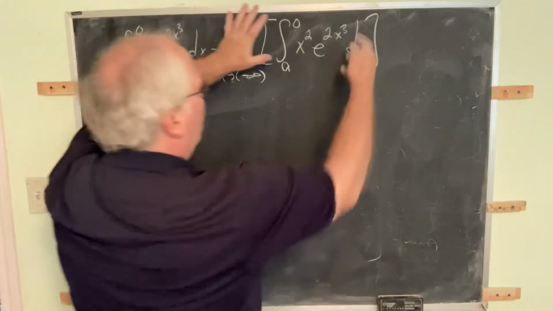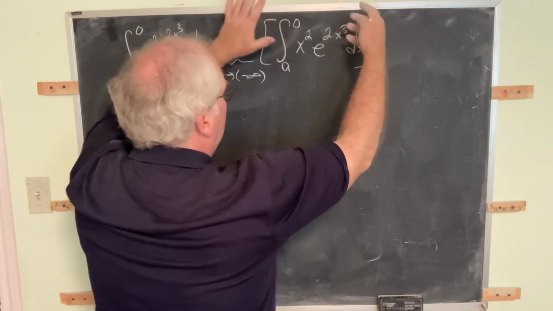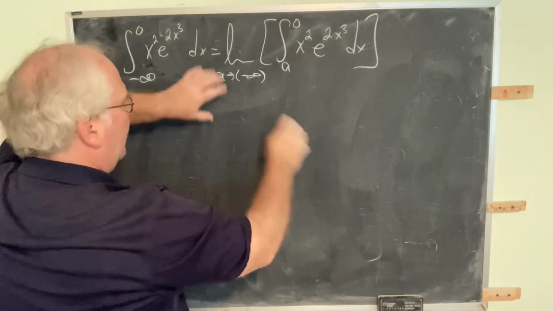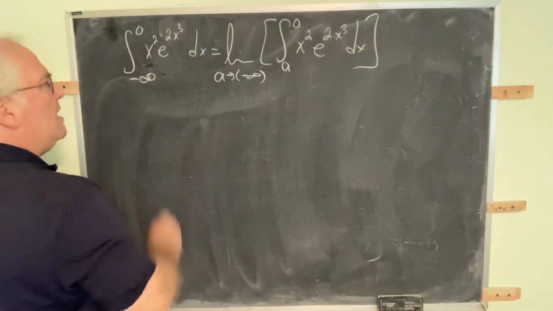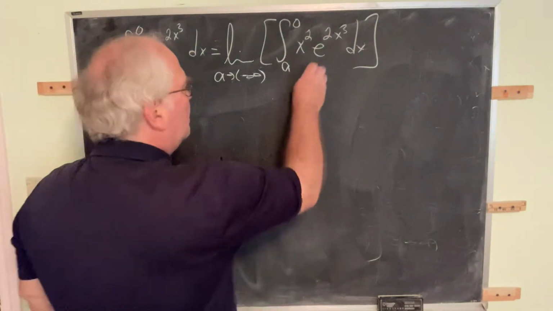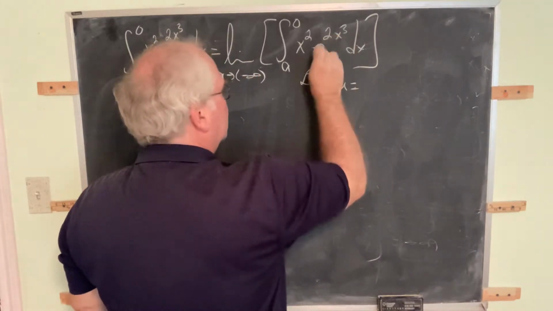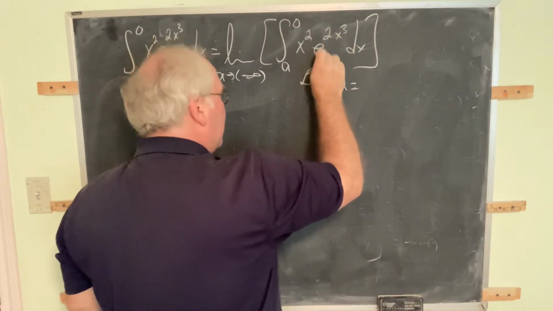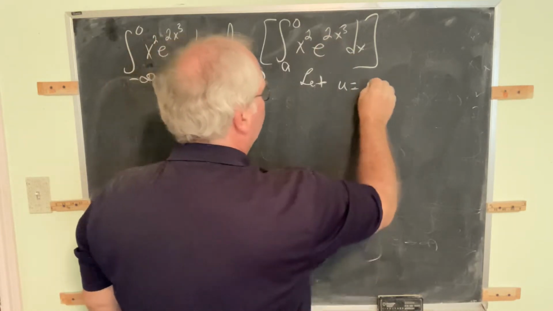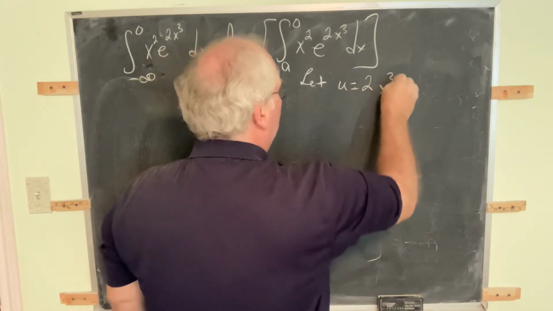Our process is evaluate this definite integral, evaluate at the top minus evaluate at the bottom, simplify that, and then evaluate this limit. Now, in order to evaluate this integral, this is a u substitution. This is a function being raised to the power of another function, so let u equal 2 times x to the third.